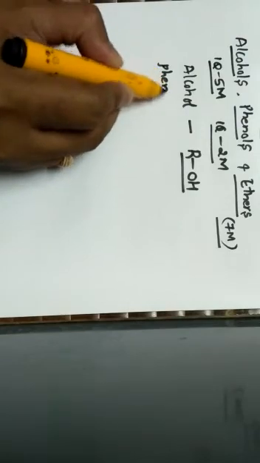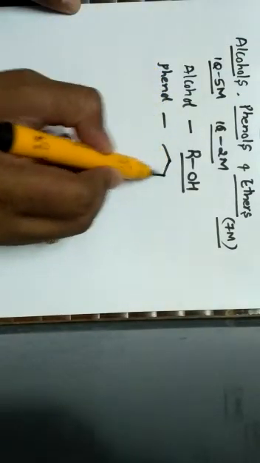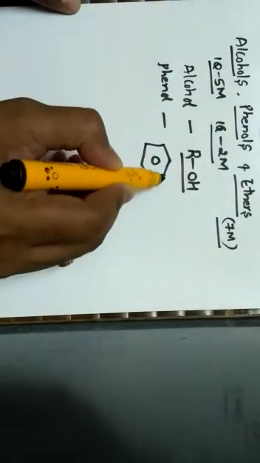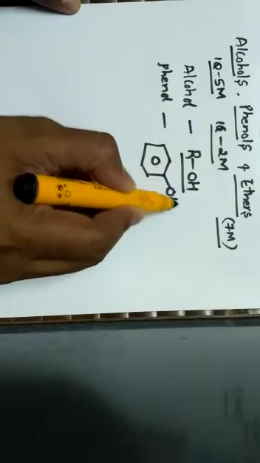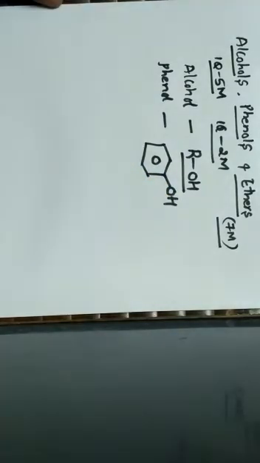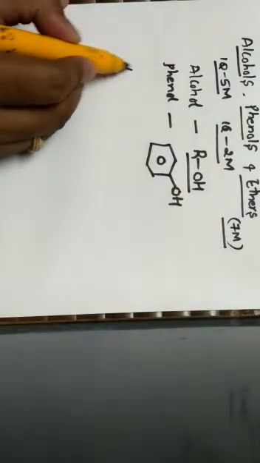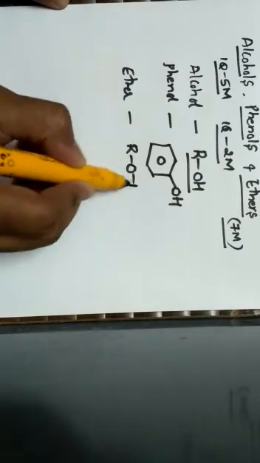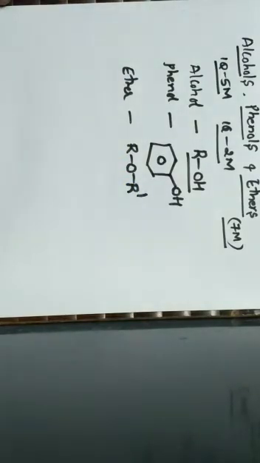Phenols are represented by a benzene ring attached to an OH group. This is known as a phenol. And the general formula for an ether is ROR dash.